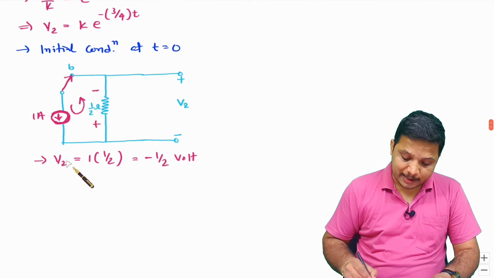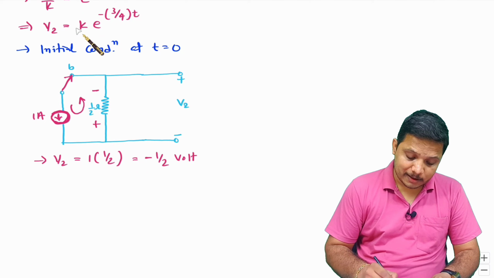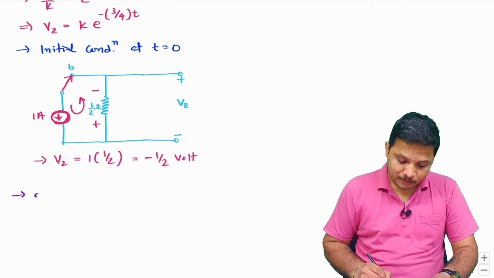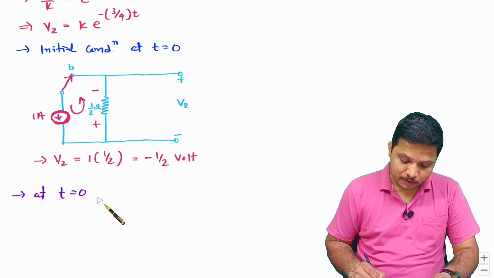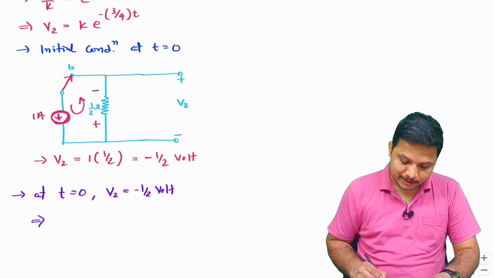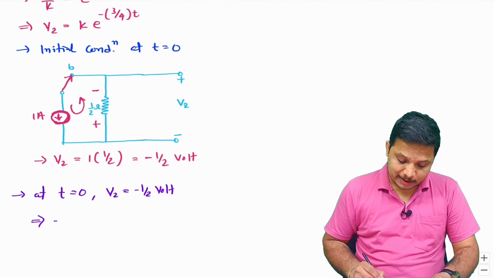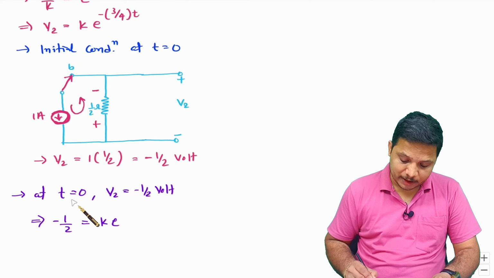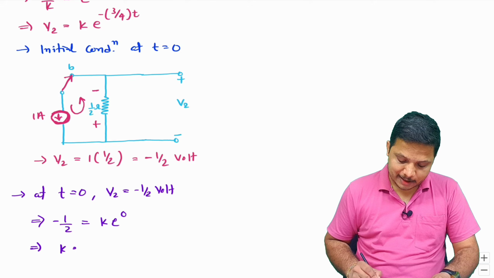And if I place this condition in this, then I can have the value of this constant K. So let us place the initial condition. So at t equals 0, V2 equals minus half voltage, and if you place that in this equation, then this will be minus half equals constant K into e to the power of time t is 0. So I can have constant K equals minus half, right?